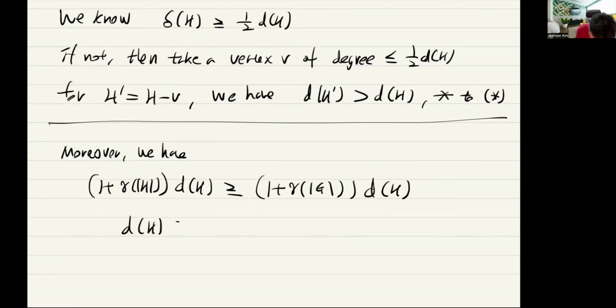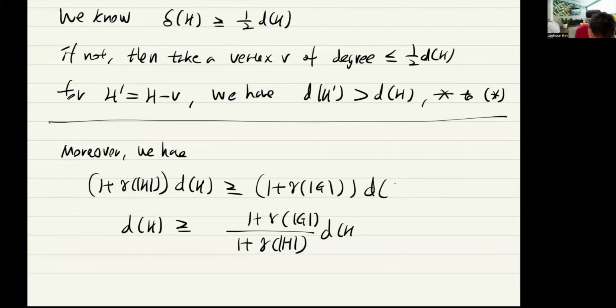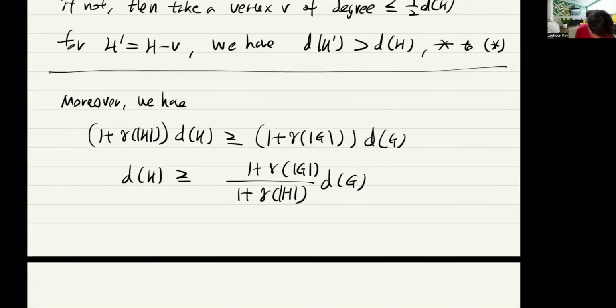So the average degree of H is at least (1 plus gamma) times d of G. But what do we know?